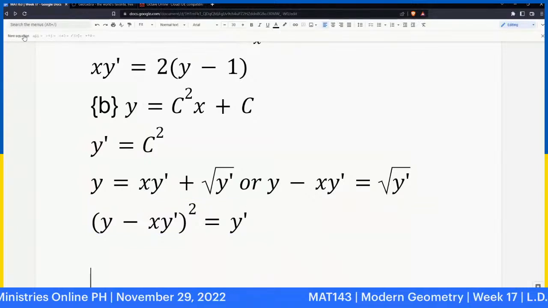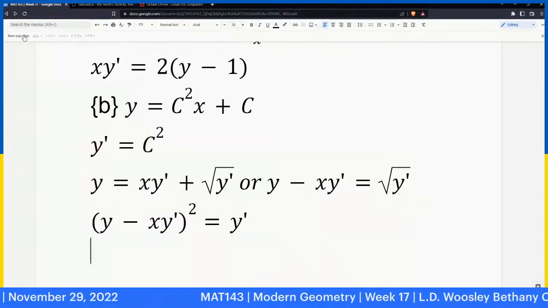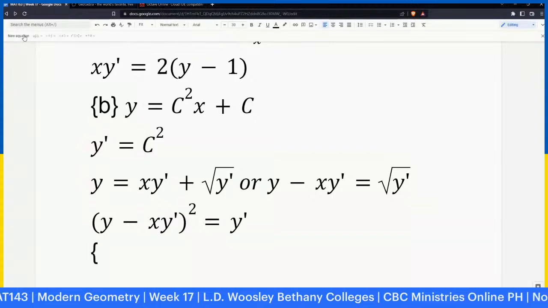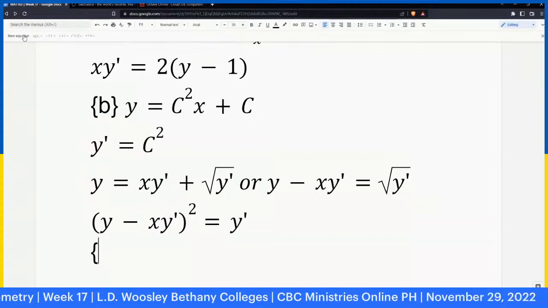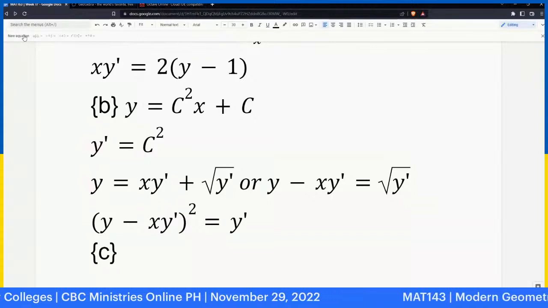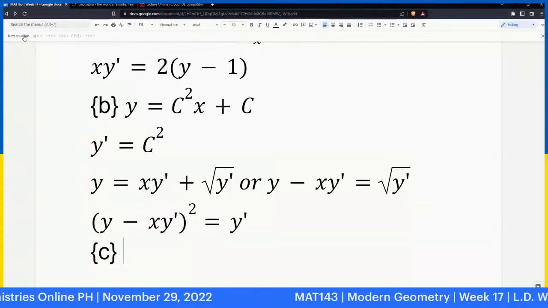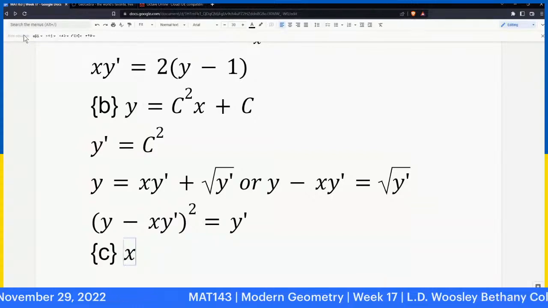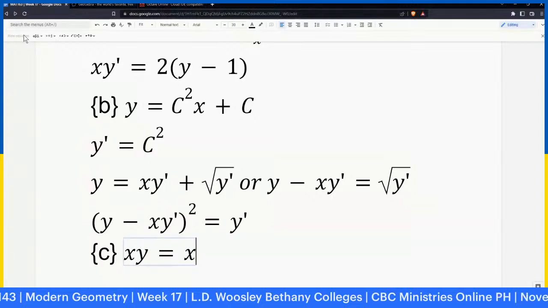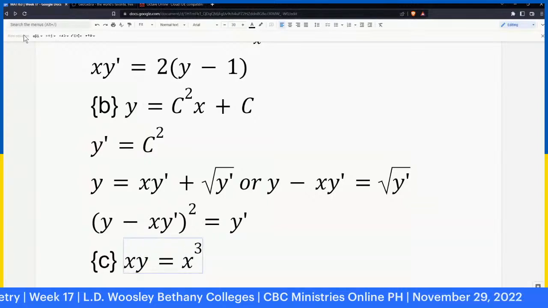Micaela, this time, ikaw na gumawa. So letter C example here. xy is equal to x cubed minus c.